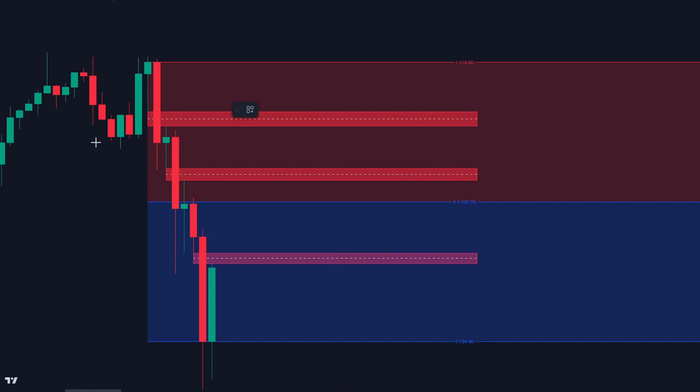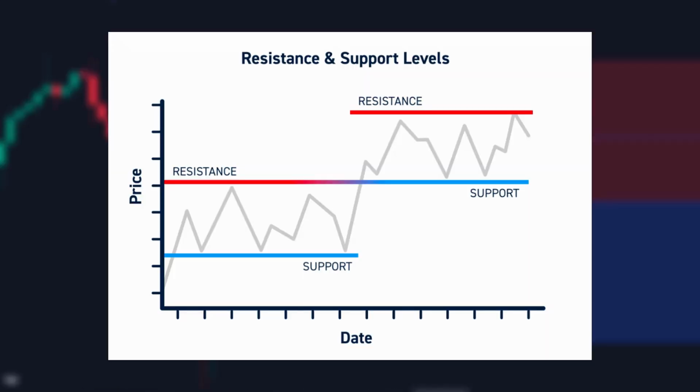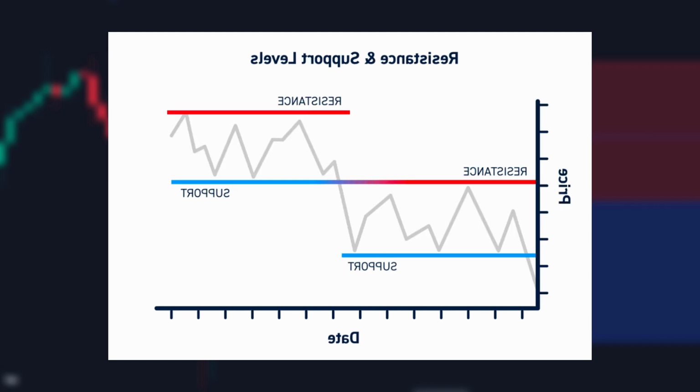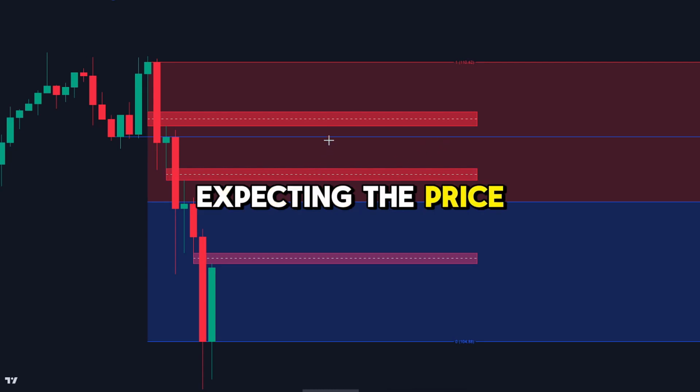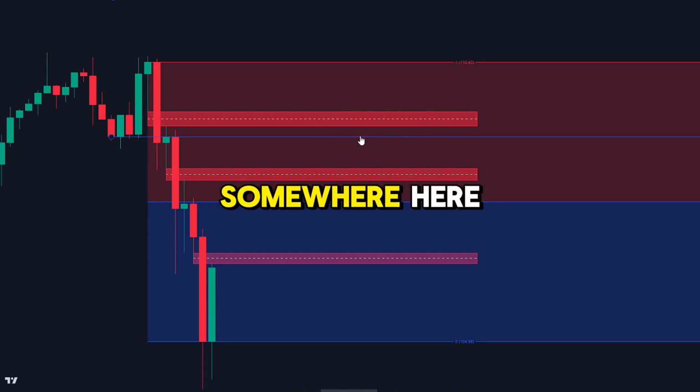The last confluence is the latest swing low, which is right here. And why? Because in a bullish market, highs should work as your support, and in the bearish market, your lows should work as your resistance. So we are expecting the price to find resistance somewhere here.